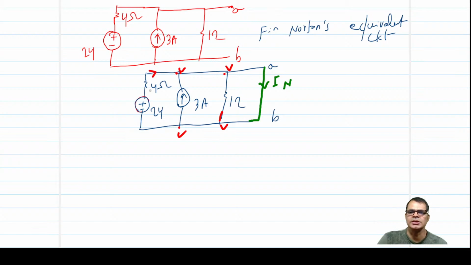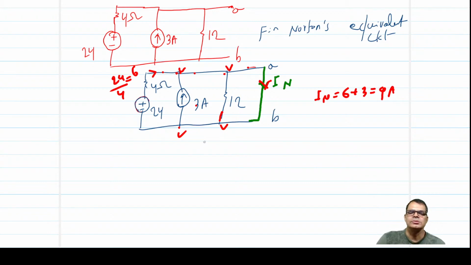So this current is 24 upon 4, that is 6, and this is 3 amp. So 6 amp and then 3 amp are all going through this short circuit. So your IN is equal to 6 plus 3, which is 9 amp.